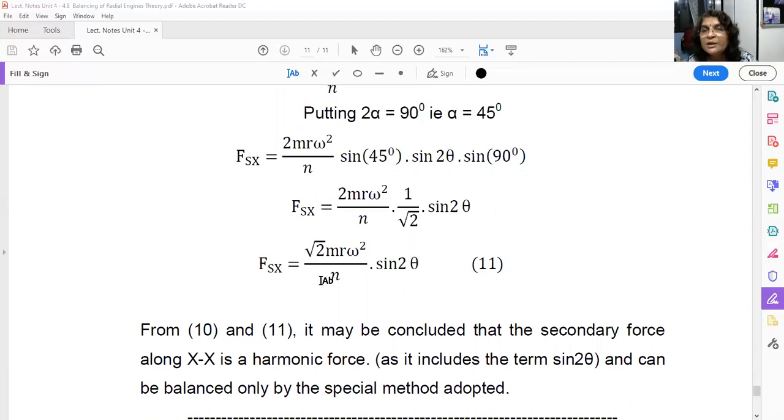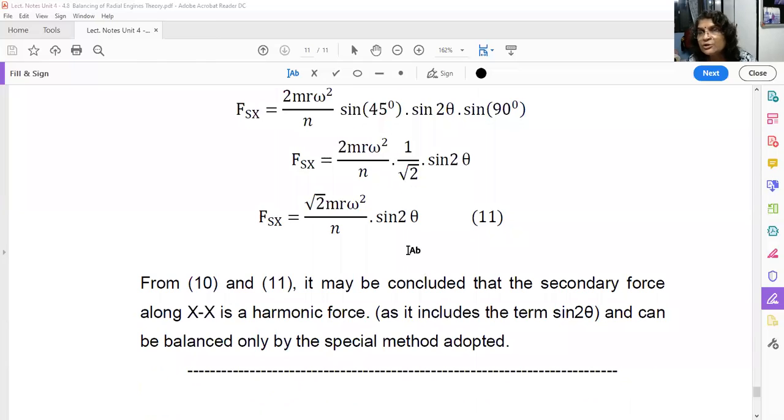The magnitude will be root 2 mr omega square upon n, and it is a harmonic force because the sin 2 theta term is there. It is continuously changing as theta changes because your crank is continuously rotating.